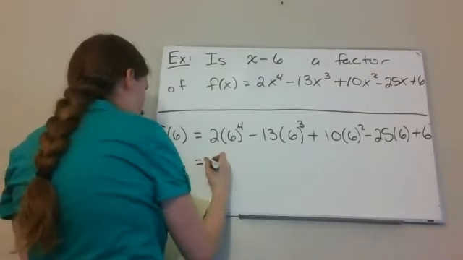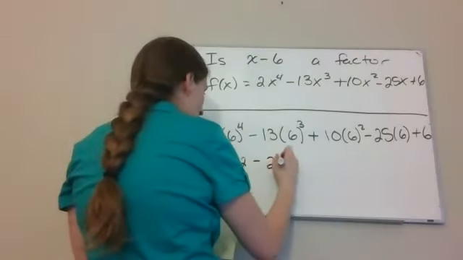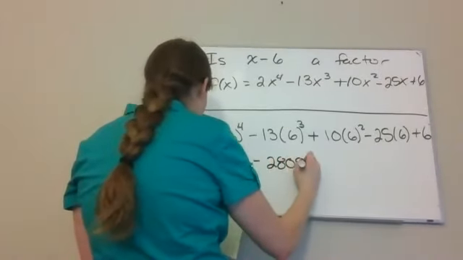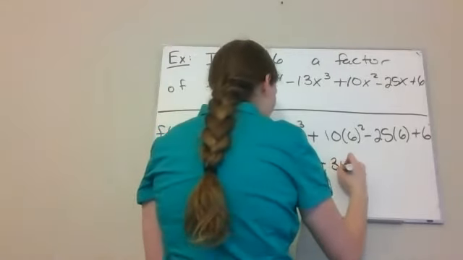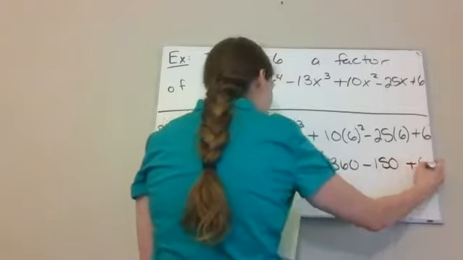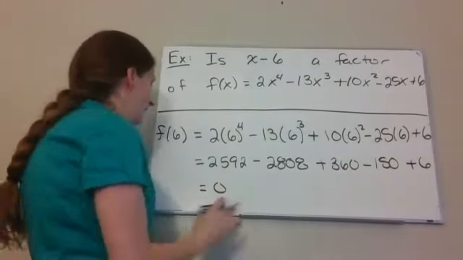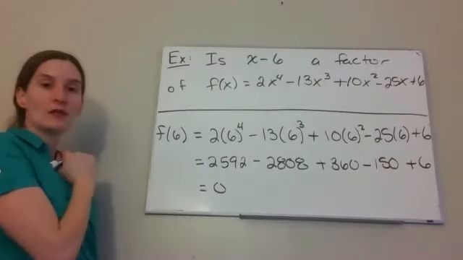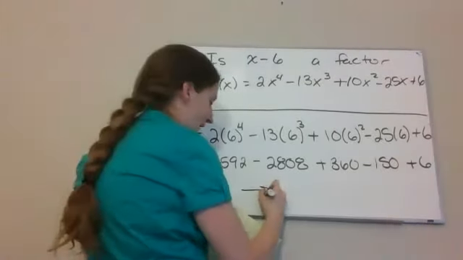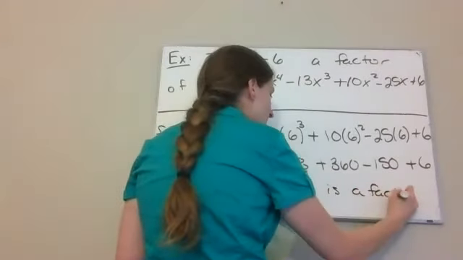This equals 2,592 minus 2,808 plus 360 minus 150 plus 6. And when you add all of that up, you get 0. So f of 6 equals 0, and that means that x minus 6 is a factor.